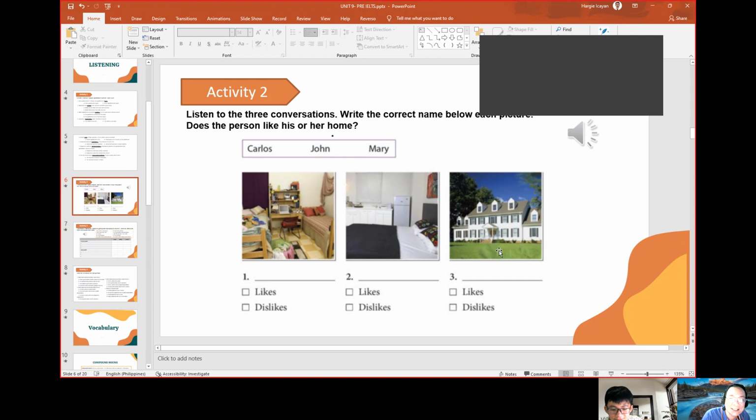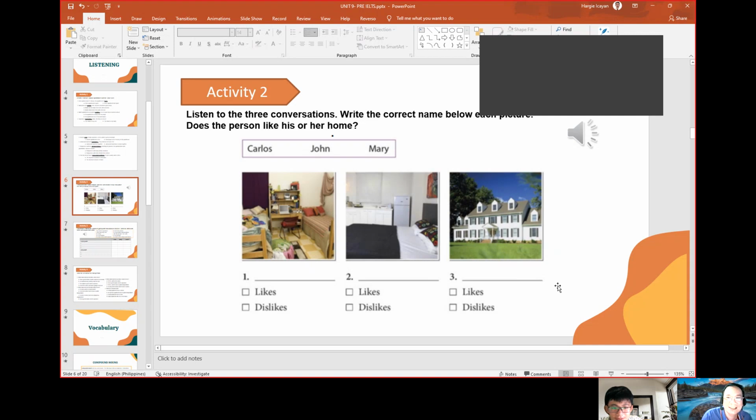So Carlos is living in an extended family. Yes, his extended family, and they live there. There are a lot of children also. And what are the likes of Carlos in living with the extended family?